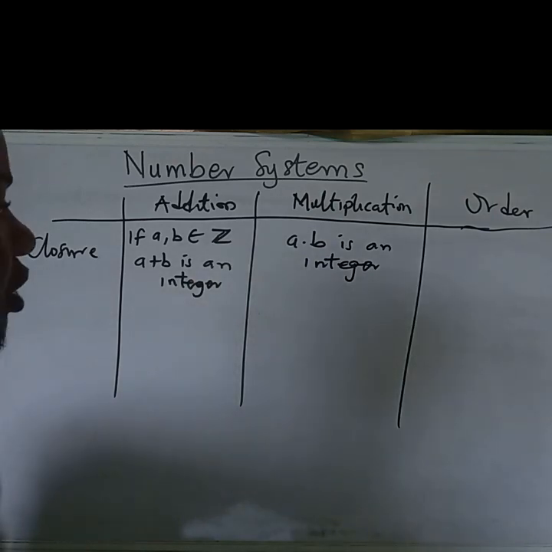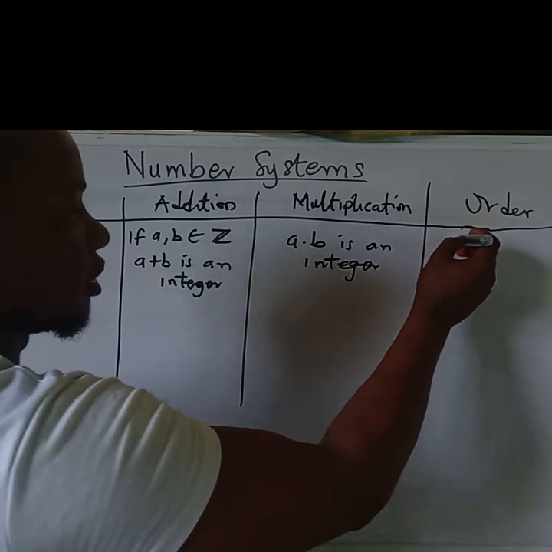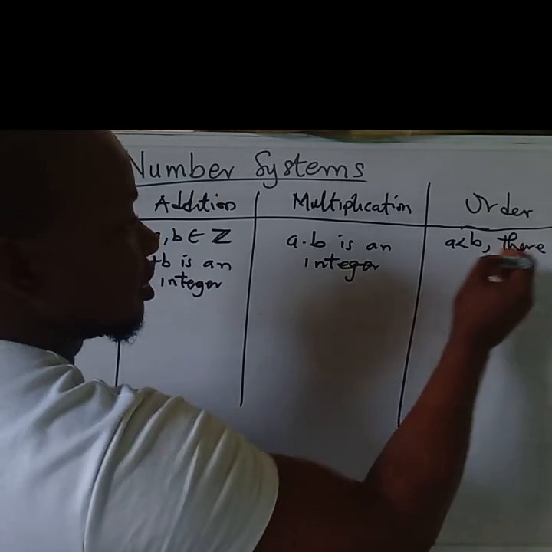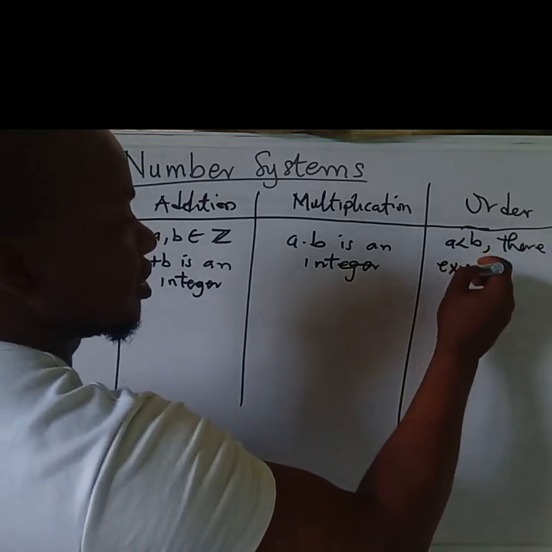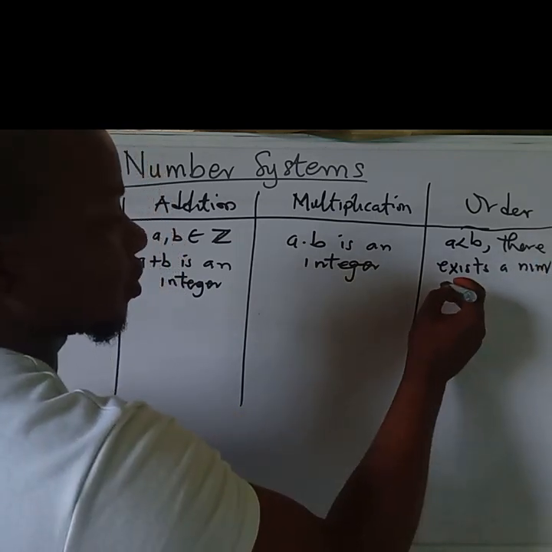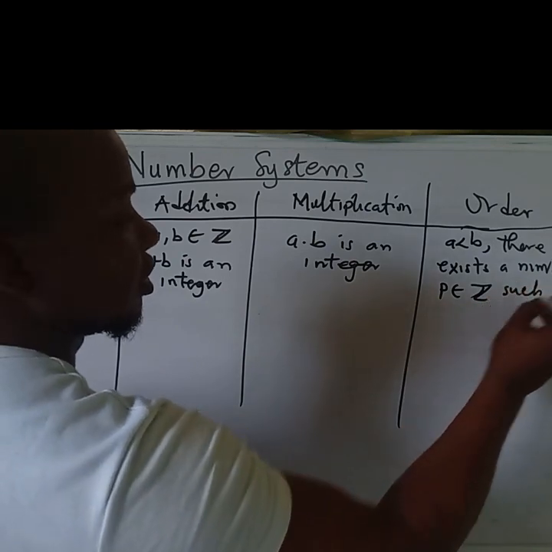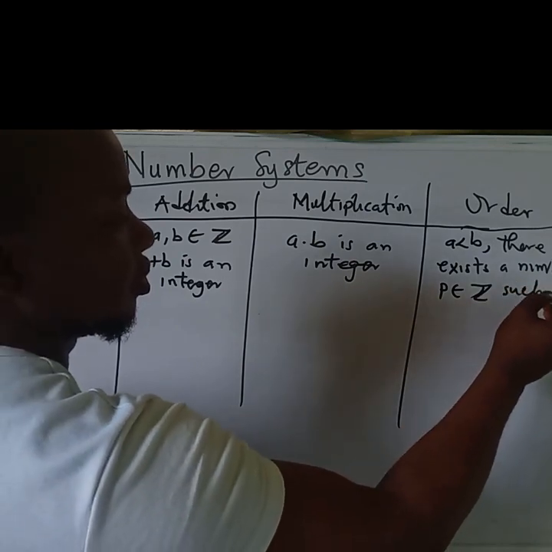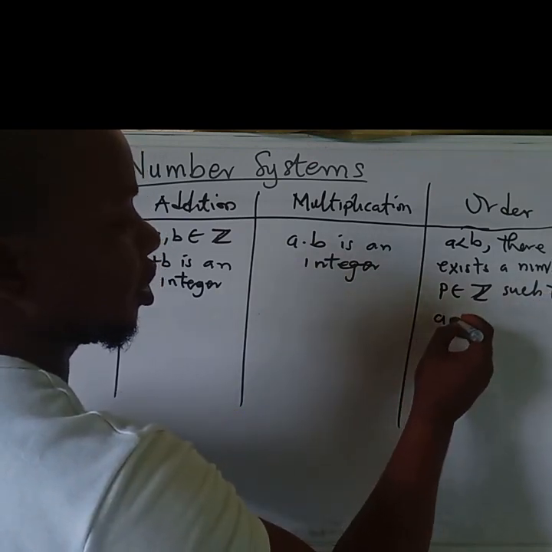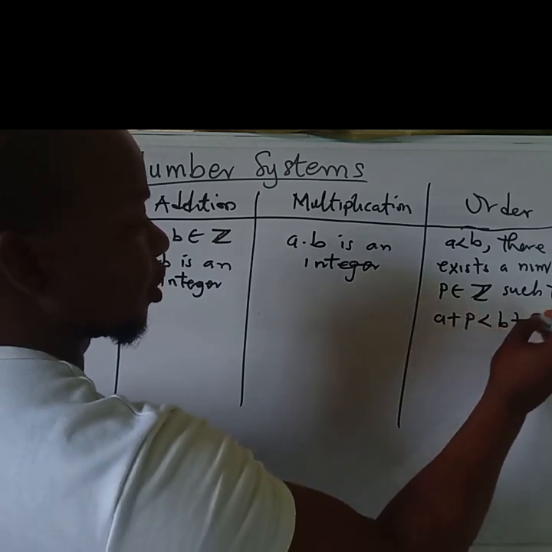Also under the order, if a is less than b, there exists a number, let's call it p, in Z, such that a plus p is less than b plus p.